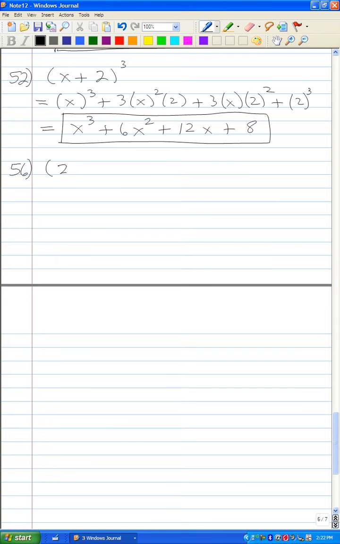3y minus 4z quantity cubed is equal to 3y cubed minus 3y squared 4z plus, maybe I need a little bit more room here.